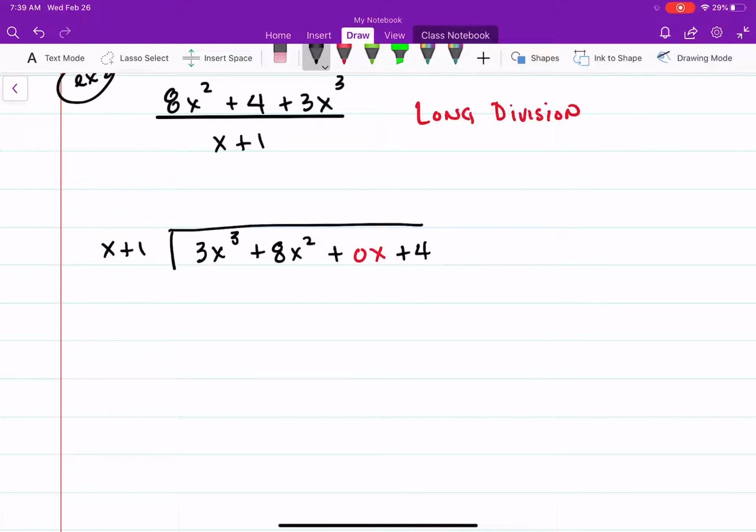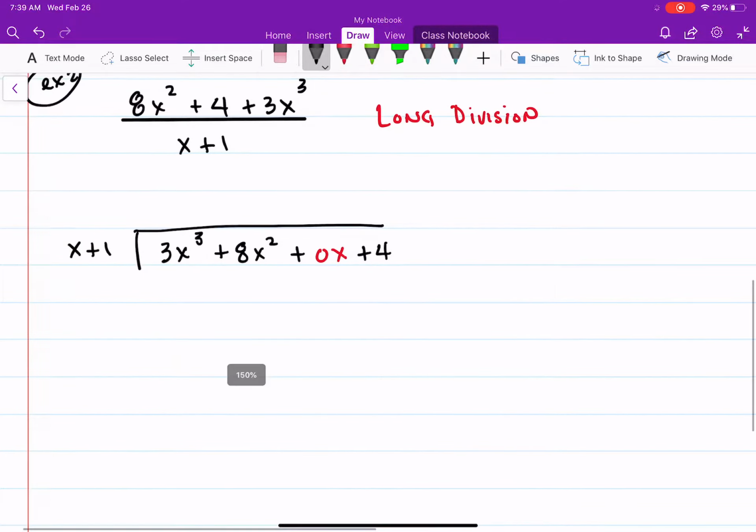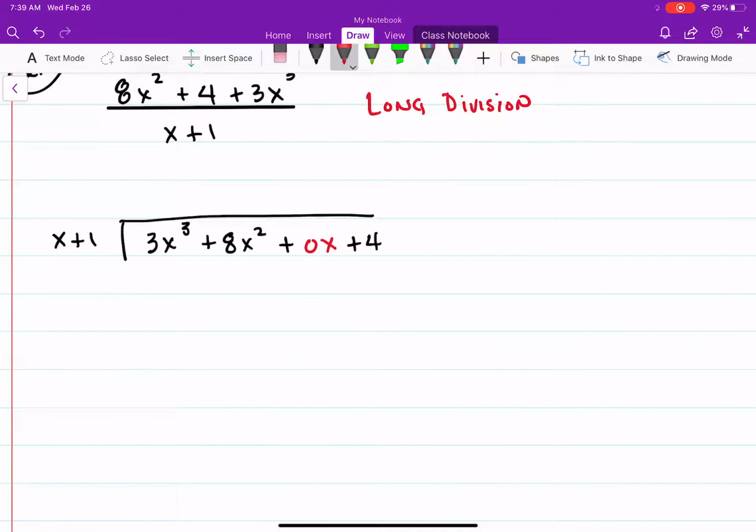And then we start off with our long division. So the first question we're going to ask is, how many times does x go into 3x cubed? So off to the side, you can say 3x cubed divided by x gives me an x, sorry, that is not right. We get a 3x squared. So that will go up here. And I typically would write it above where the x squared term is, okay?